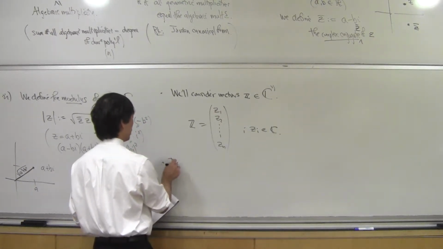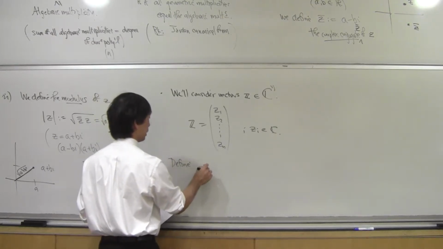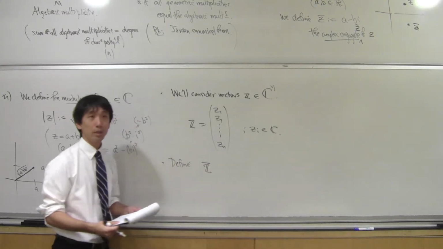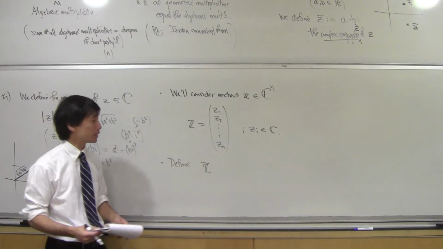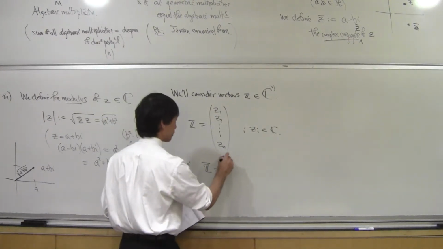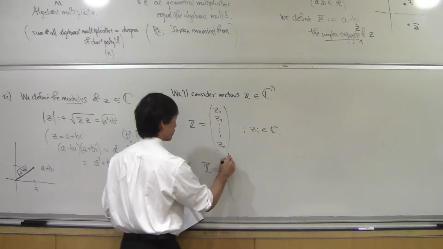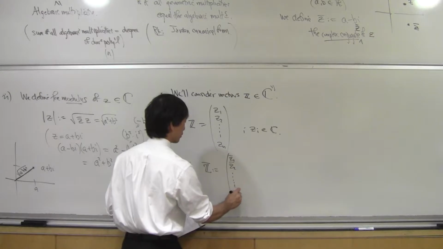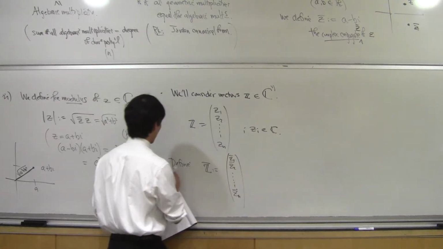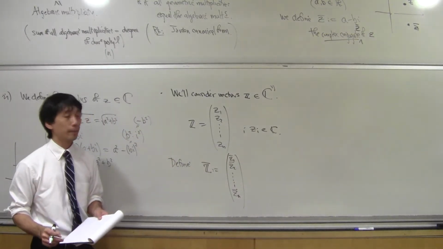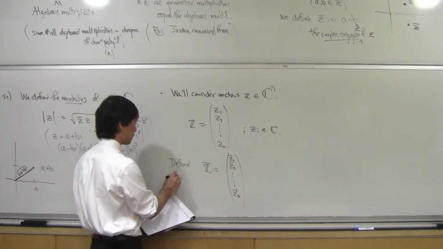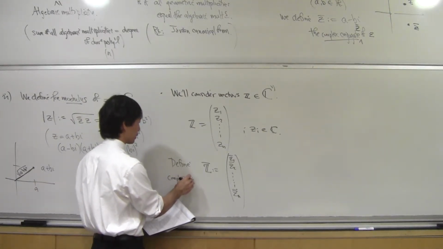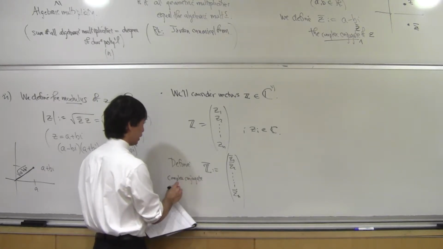We define the complex conjugate of a vector by just taking the complex conjugates of all the entries. So this is the complex conjugate of a vector.